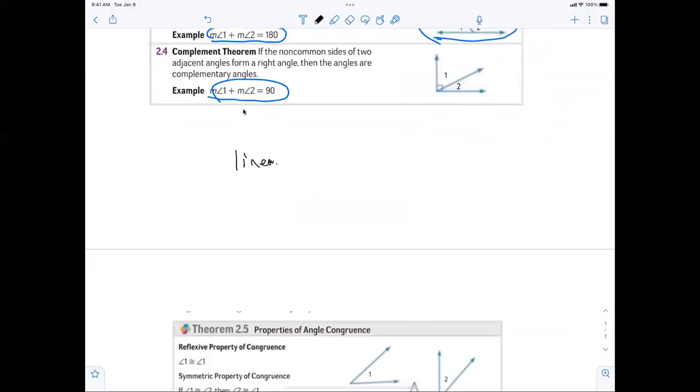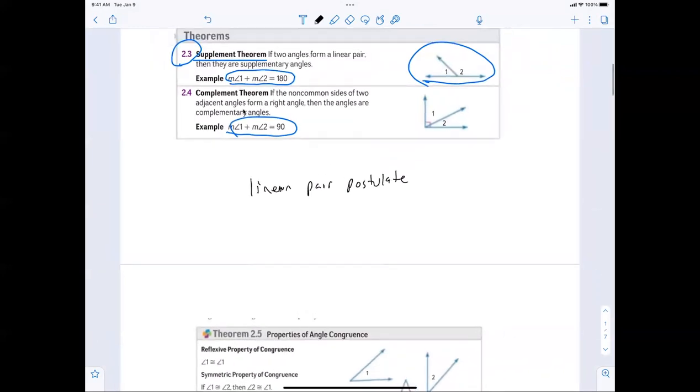On yours, I wrote linear pair postulate, right? So you have a choice. I just can't help myself. That's how I've always done it. Linear pair postulate. But we can also call it the supplement theorem.